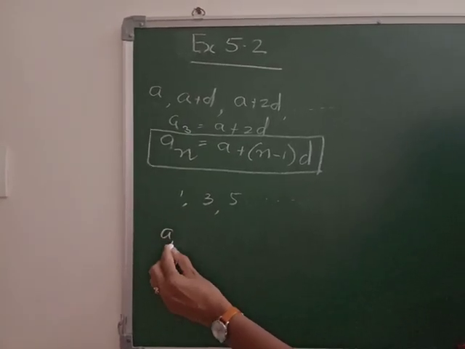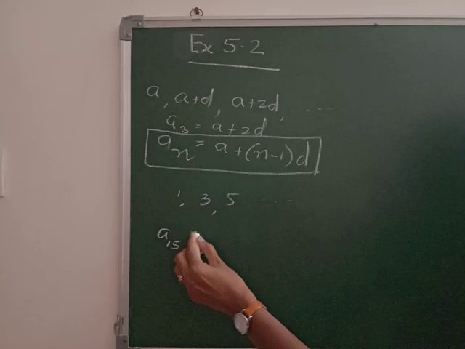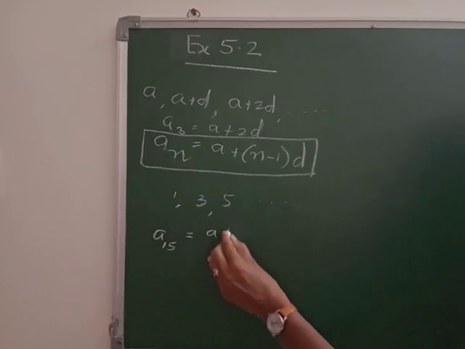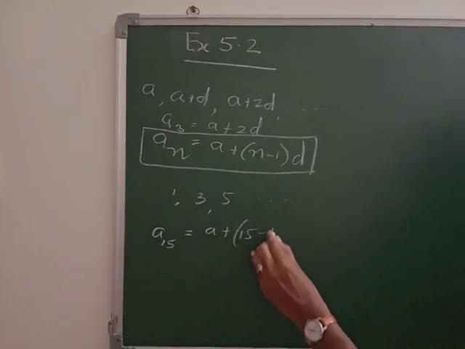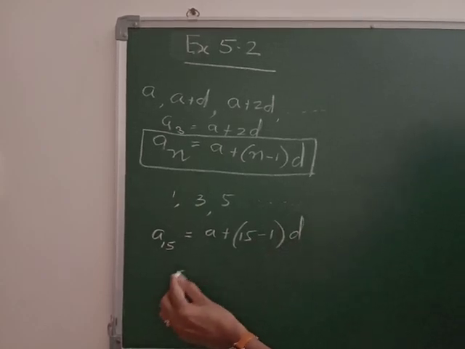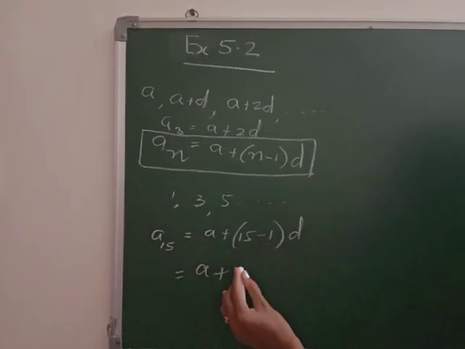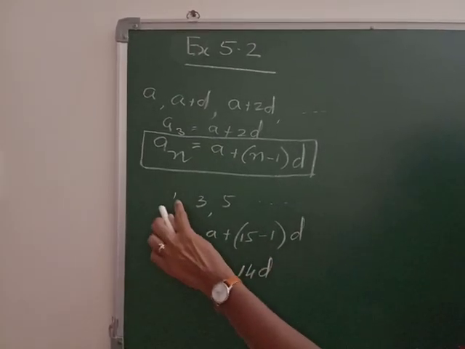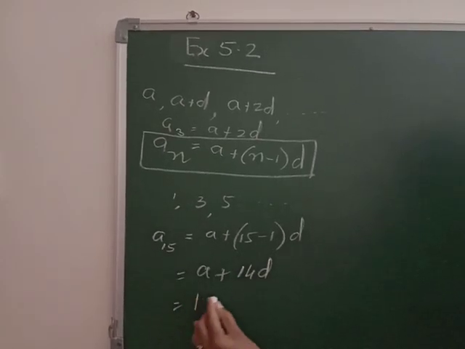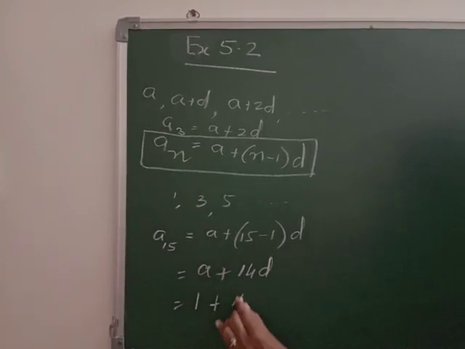You can say A15. That means the 15th term will be A plus 15 minus 1 D. So A plus 15 minus 1 means 14D. Now in this case, what is A? 1. Put the value of A and D. Plus 14.